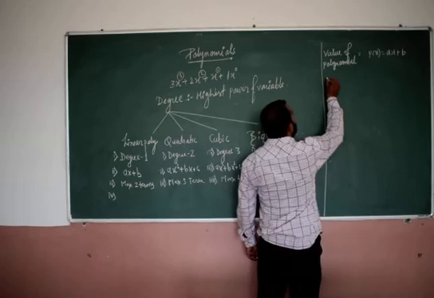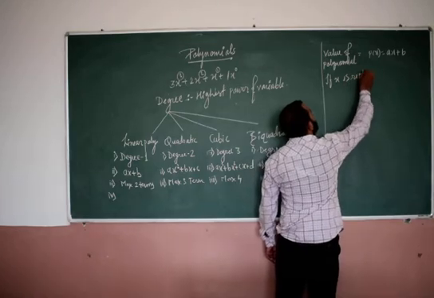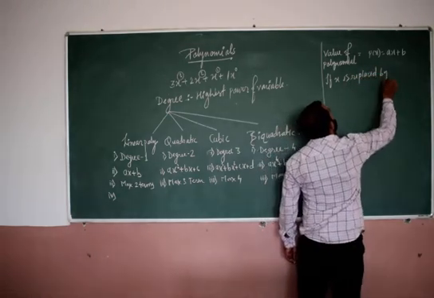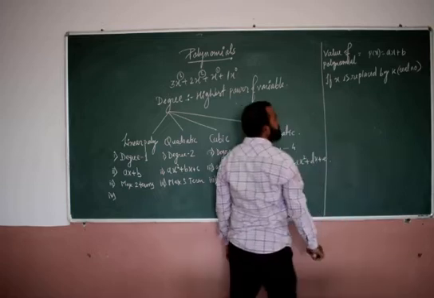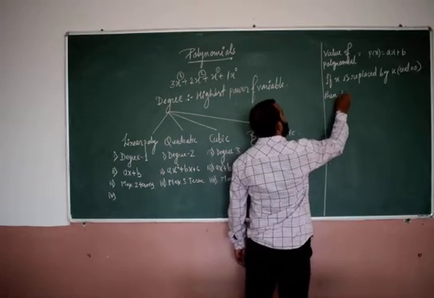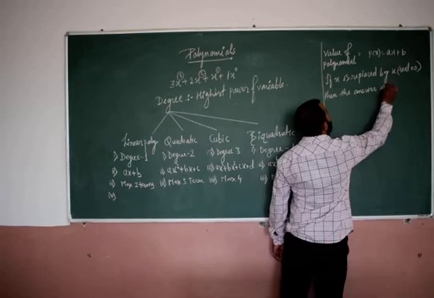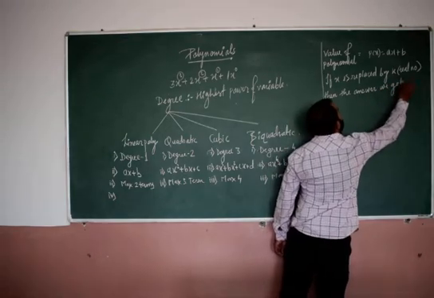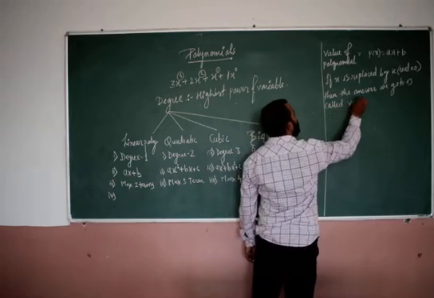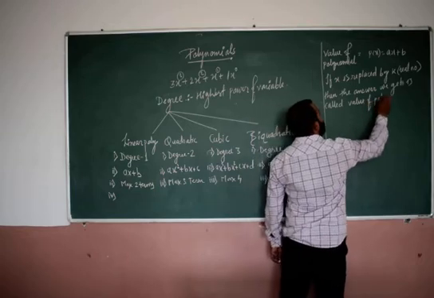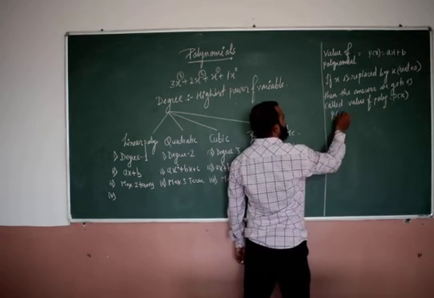So I am writing here, if variable x is replaced by k, any real number, then the answer we get is called the value of the polynomial. The value of polynomial p of x is represented as p of k.